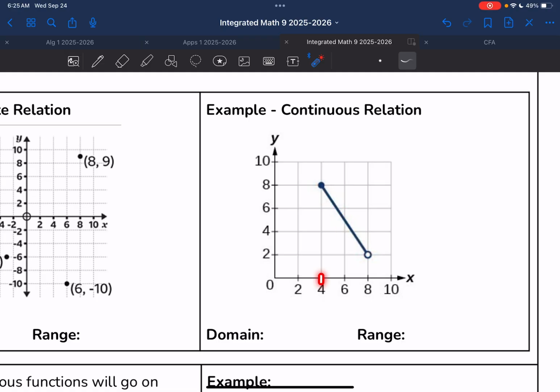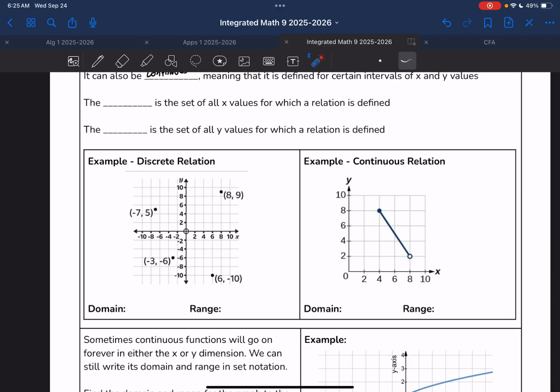We can see that for all x values between 4 and 8, not including 8, there is a value in the relation, and for all values of y between 2 and 8, there is also a value for the relation. So these are a bunch of coordinate pairs, but there's infinitely many of them spread out around this line within those intervals.